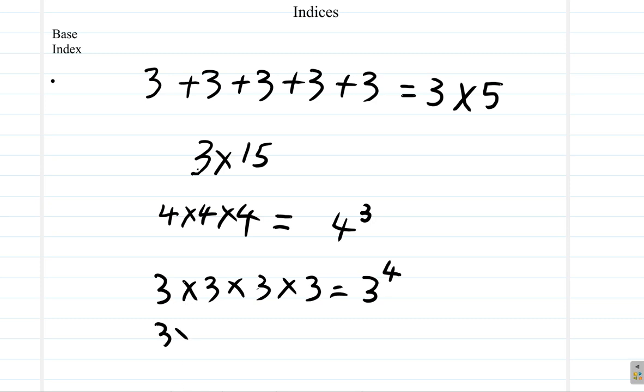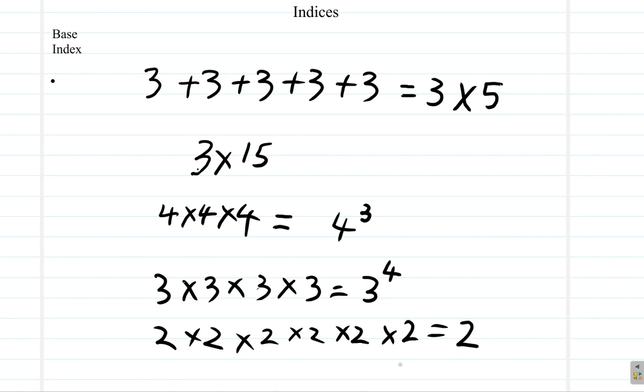If you had 2 multiplied by 2 multiplied by 2 multiplied by 2 multiplied by 2, multiplied by 2, you have 2 in a repeated multiplication. How many 2's do you have? 1, 2, 3, 4, 5, 6 2's. So what you would do is have 6 up here. Alright?